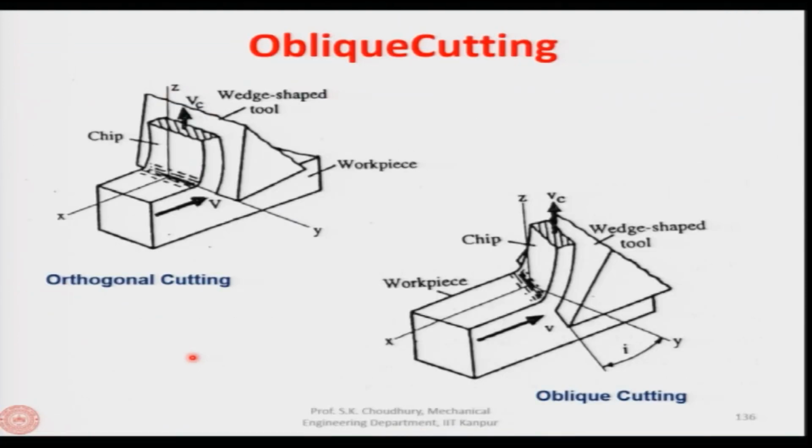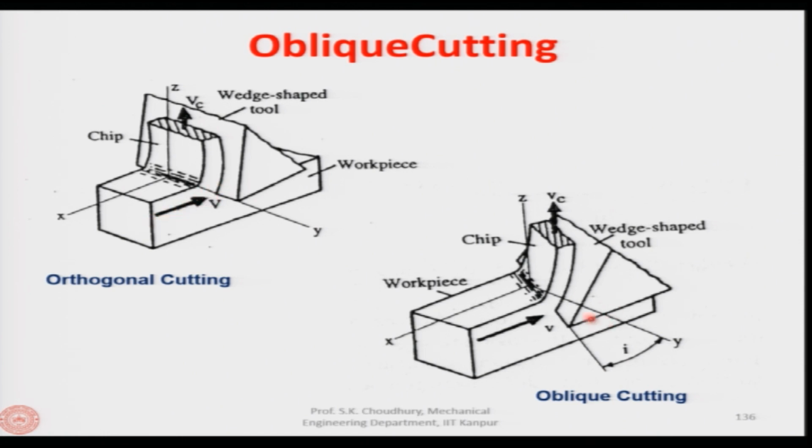Next topic that we will be discussing, after the grinding process, is the oblique cutting. I would like to show you the diagrams which we have already seen earlier and compare the orthogonal cutting with the oblique cutting. We said that in orthogonal cutting, the tool edge is perfectly perpendicular to the direction of the cutting velocity vector.